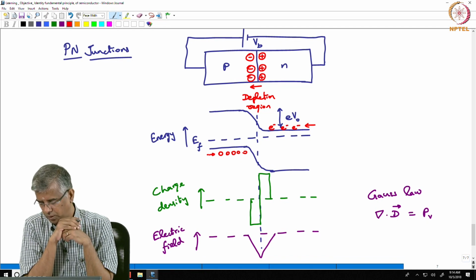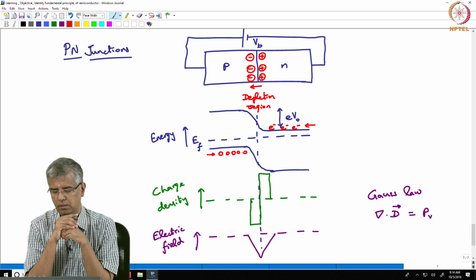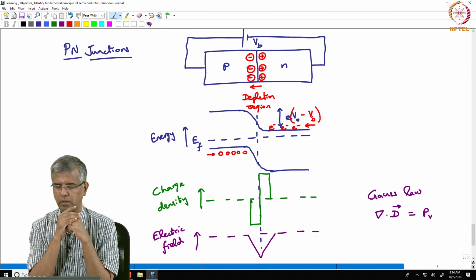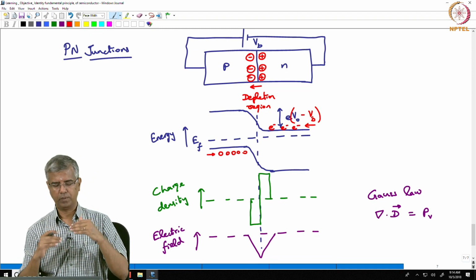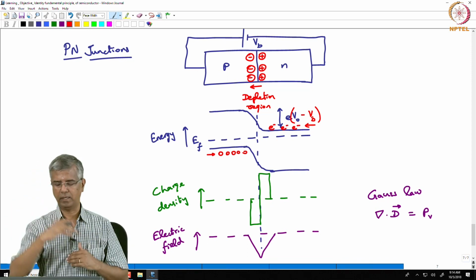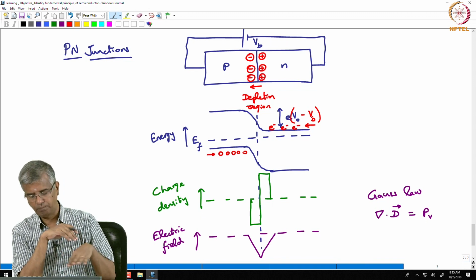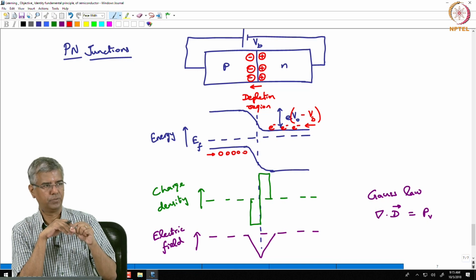Okay. So, what that ends up doing is it also reduces that potential barrier. So, it will start moving the Fermi energy on either side apart, such that the barrier is reduced.